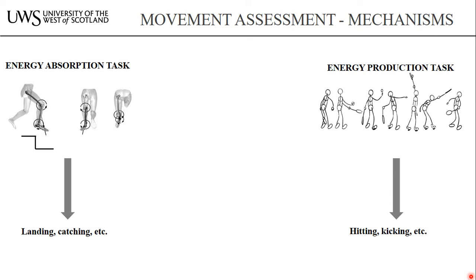In this case, the muscles, rather than absorbers, act as force generators. They are shortening very quickly, with a very high rate of force development. They are transferring these forces from one to another in order to have a cumulative effect to complete the task.